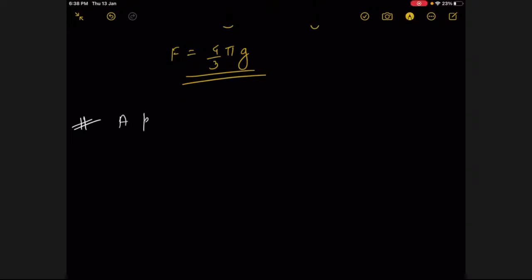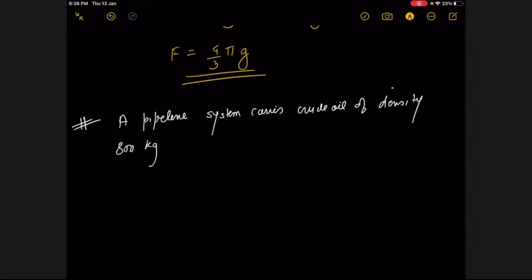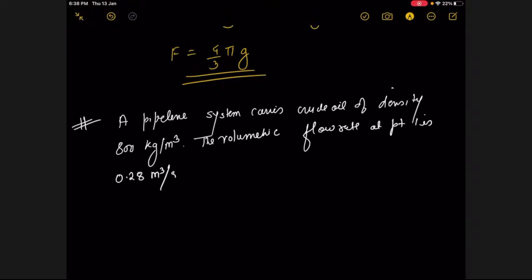So here the question is a pipeline system carries crude oil of density 800 kg per meter cube. The volumetric flow rate at point 1 is 0.28 meter cube per second.